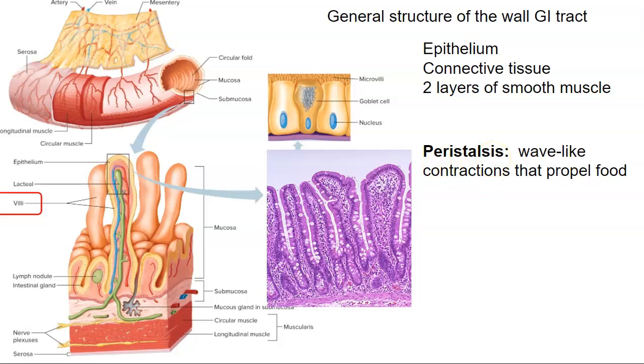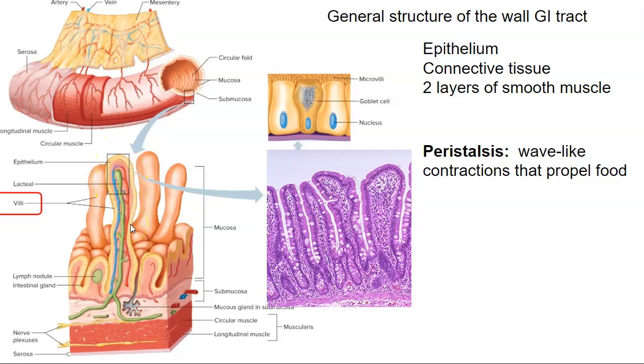Before I move to the next slide, I want to point out one more thing. Notice there's folds. These folds allow for expansion and also increased surface area. And then if we zoom in, we see this is a villus. Multiple villus would be called villi. These villi also increase the surface area, so specialized for absorption and secretion.